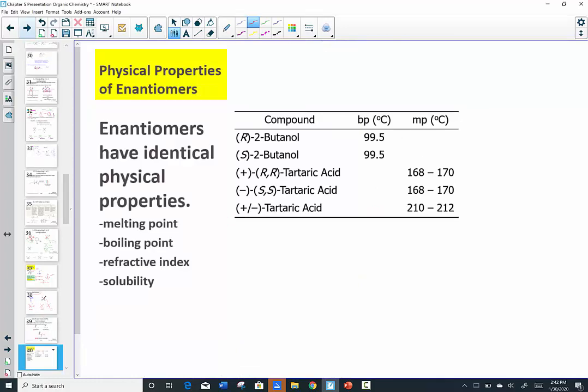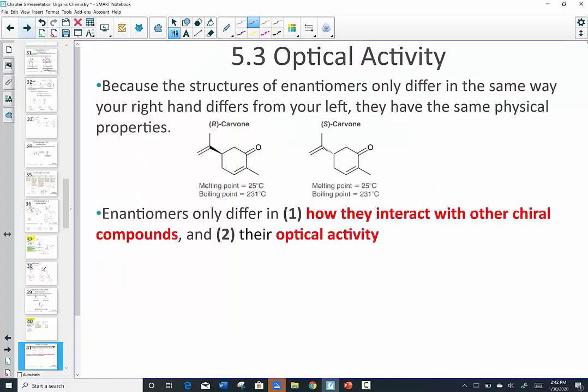When we think about enantiomers, these non-superimposable mirror images, they have identical physical properties in the following categories: melting points, boiling points, refractive index, solubility. They really are twins. These enantiomers have many things in common. What is unique about a chiral carbon and its non-superimposable mirror image is how they rotate light.